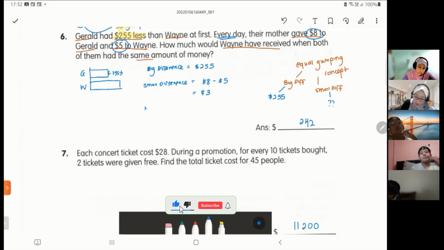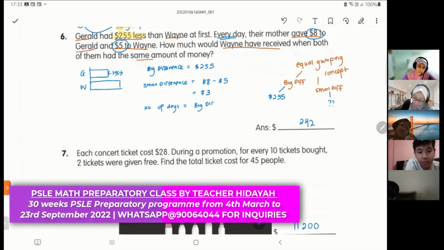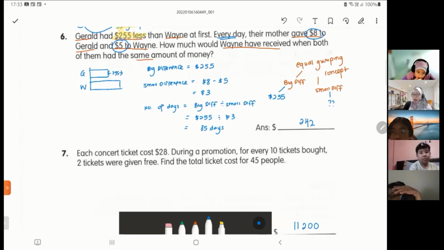So number of days, all you have to do is take the big diff divided by the small diff equals to 255 divided by $3, like that. And when you divide, you got 85 days. So 85 days have passed, then they will have the same amount of money.